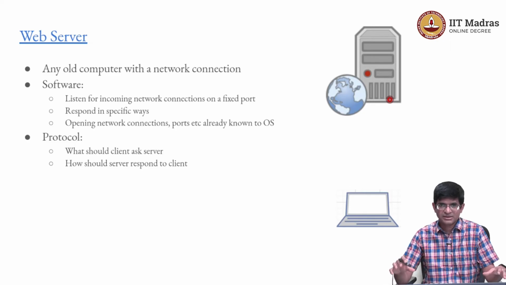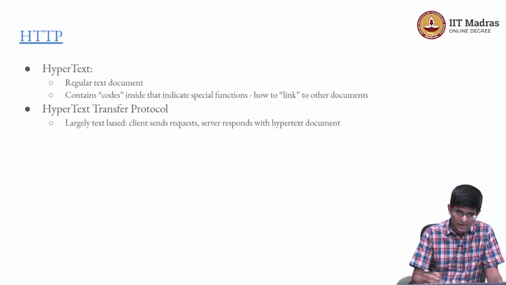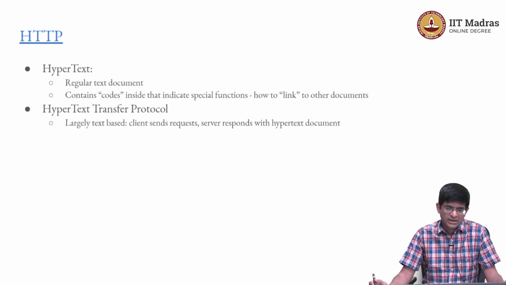And this standardized part, the part which says how the client should talk to the server and how the server should respond, is what is called the hypertext transport protocol, HTTP. So, HTTP is essentially a way of transporting data, but what is the HT to start with?